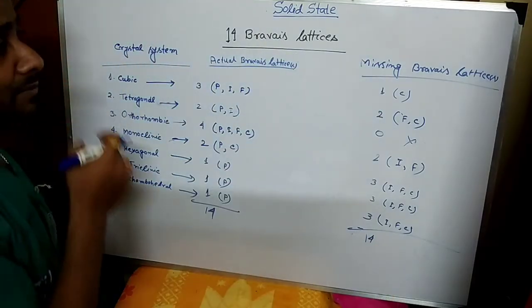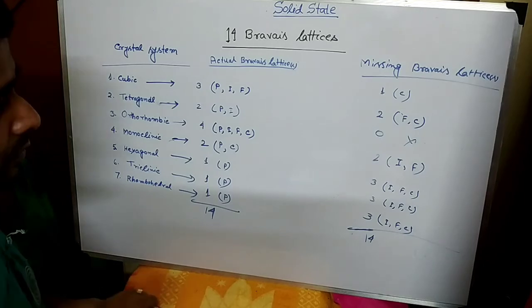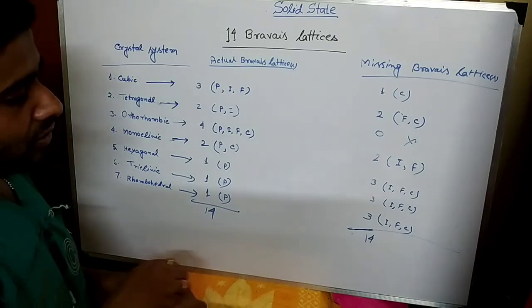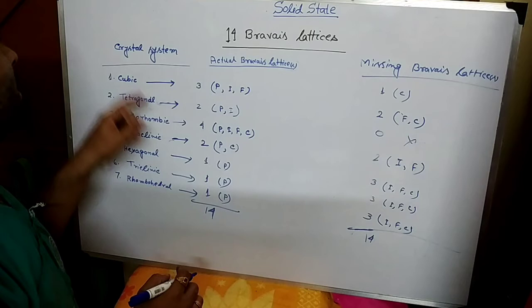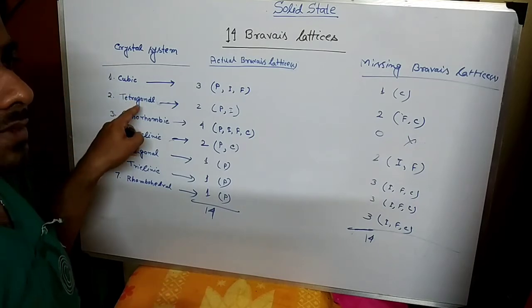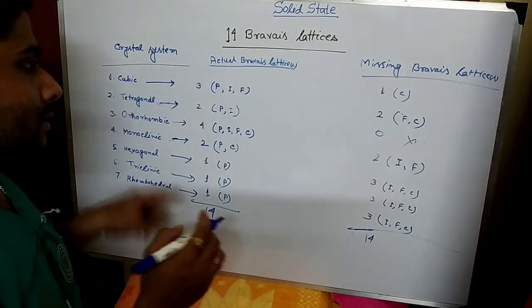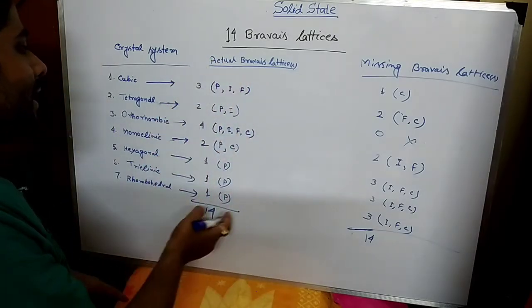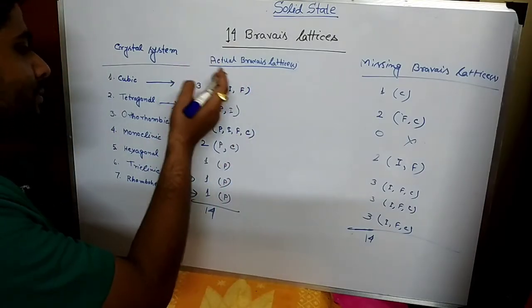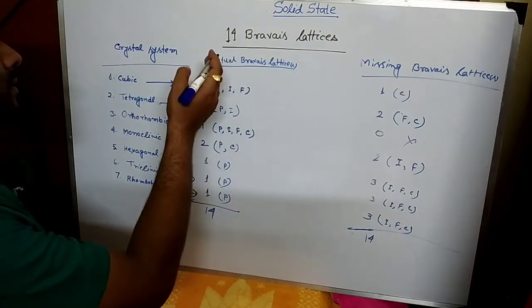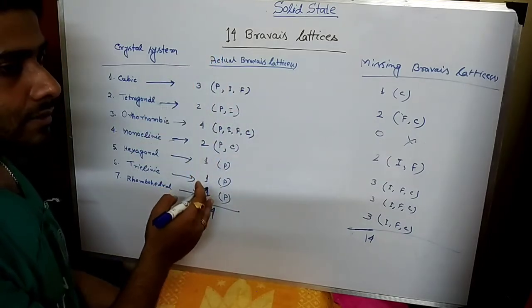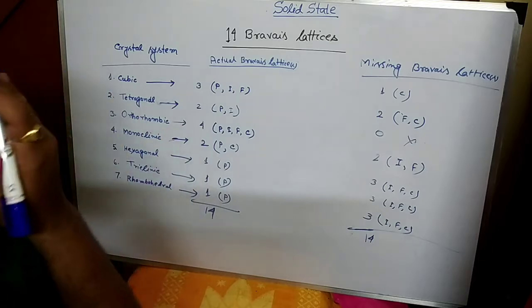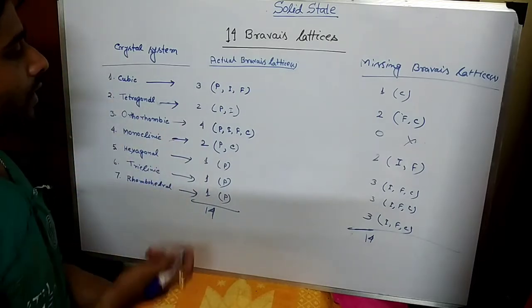So why are these actually missing? Because either they are not fulfilling the symmetry of the particular crystal system, or maybe they are already included in any of the other remaining 14 systems. Is it clear? Okay, I'm trying to clarify more.